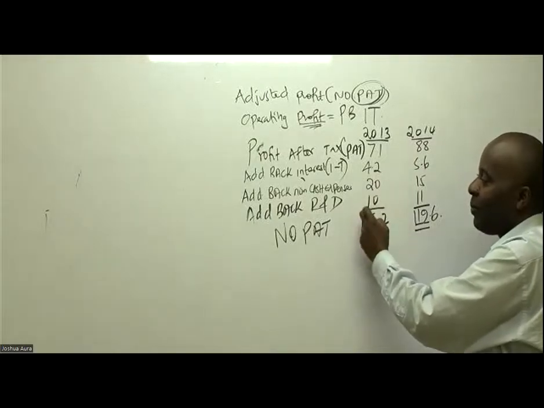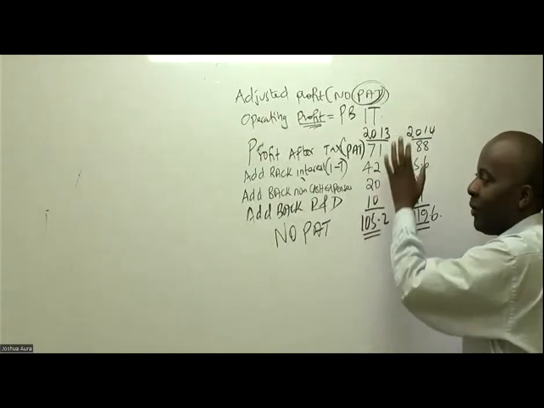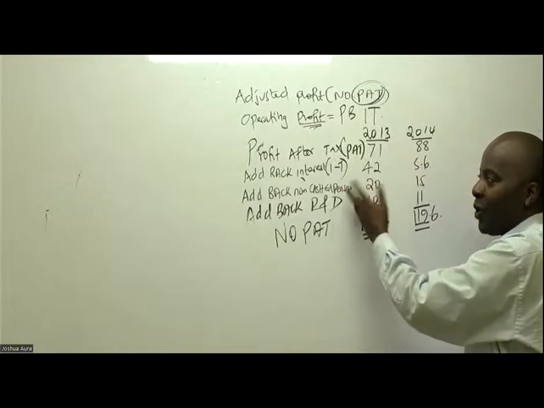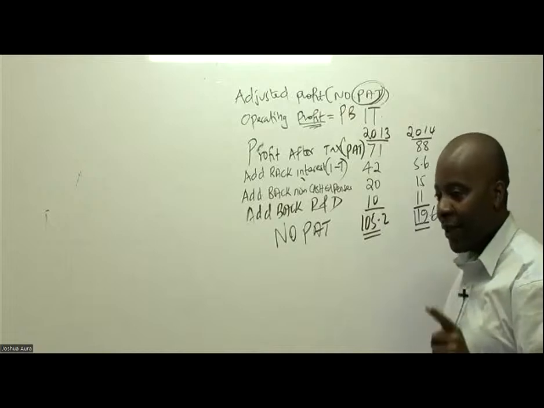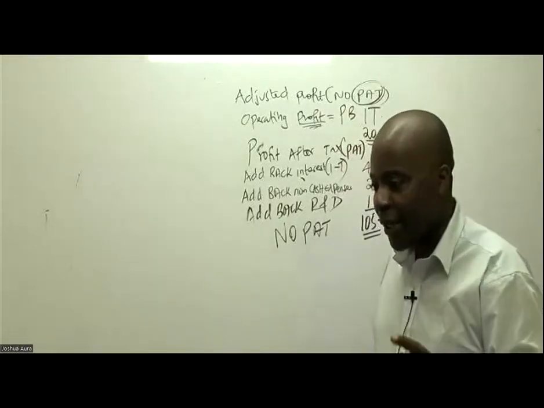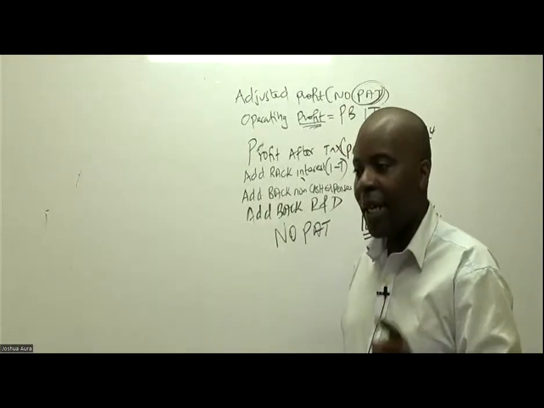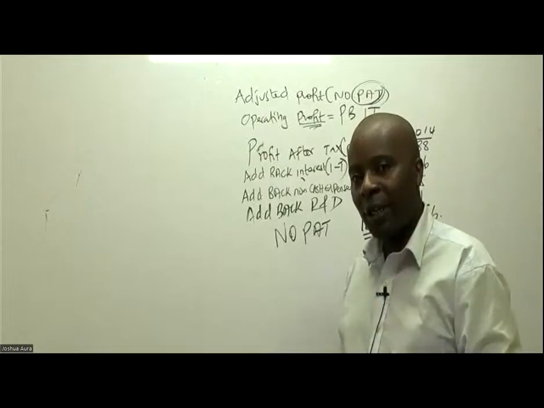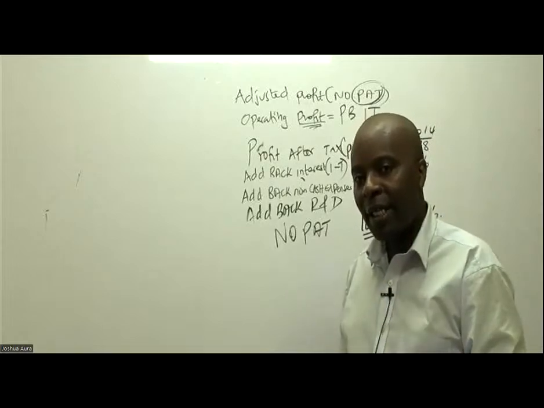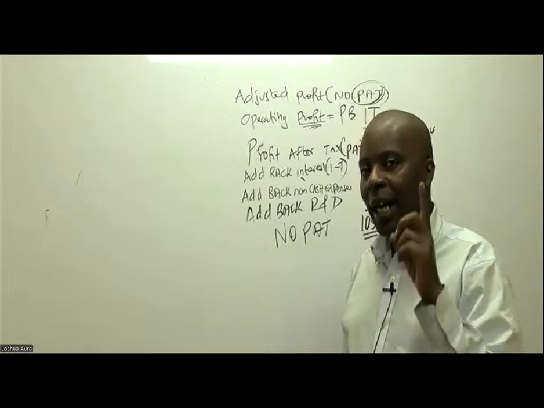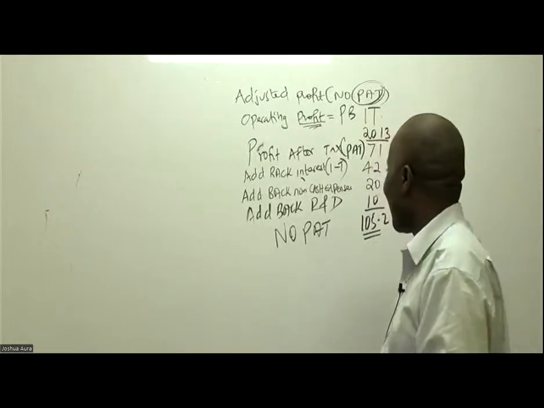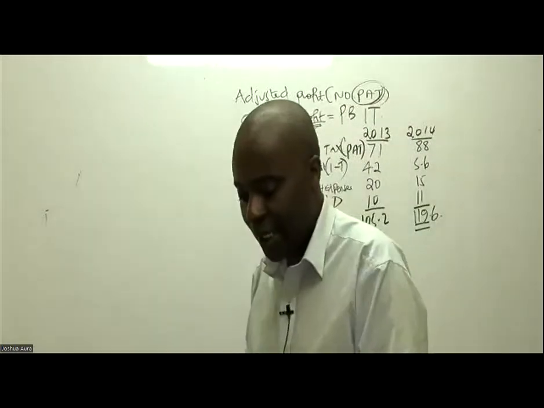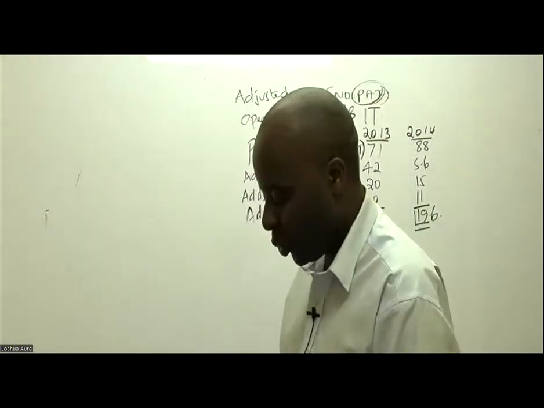Like this research and development, I would have added back, except interest, of course. But this examiner has given us capital employed at the beginning of 2013. Now the formula which I will use is this.